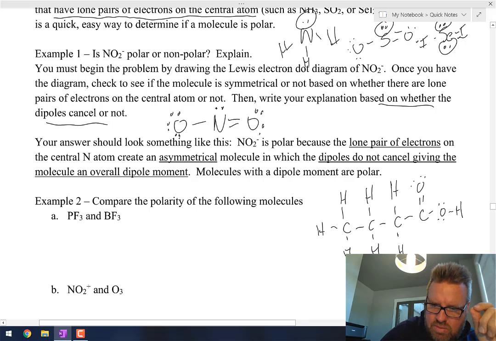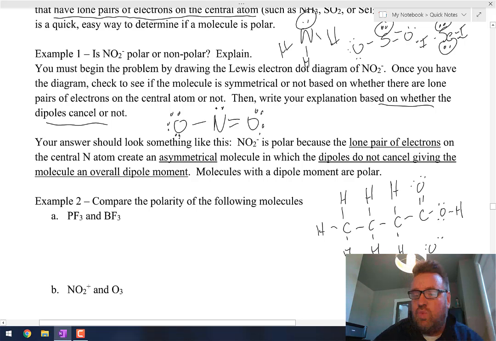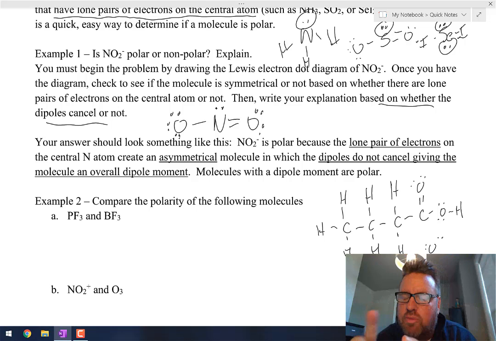Actually, let's make it just like the other one. Hold on. C double bond to the O, O, H, and H. Okay? In this case, which one's more polar, which one is more non-polar? Okay? In this case, first of all, they're both polar.